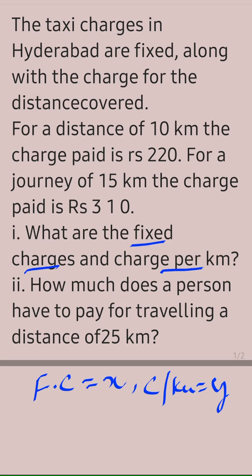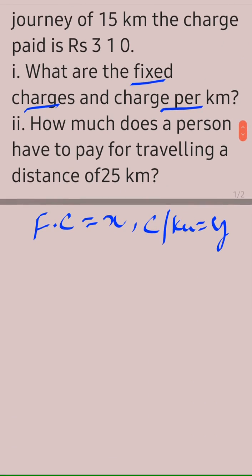First statement: for a distance of 10 kilometers, the charge paid is 220 rupees. So how do we get that 220 rupees? The 220 rupees includes the fixed charge and the charge per kilometer. Fixed charge is x, plus the charge per kilometer is y rupees.